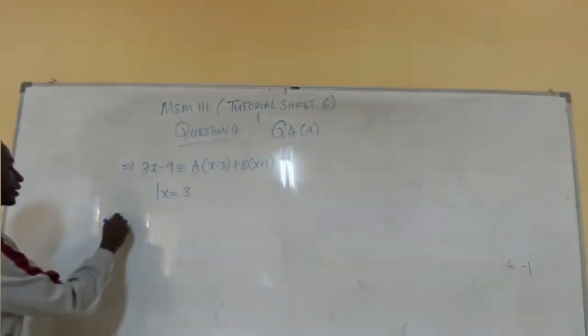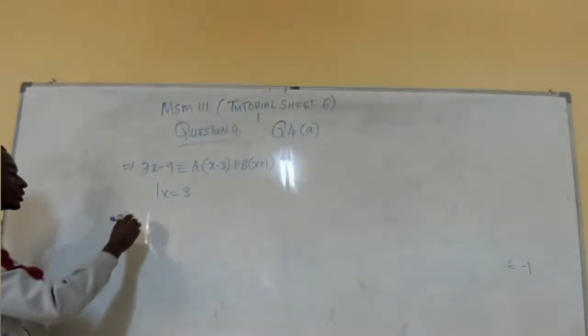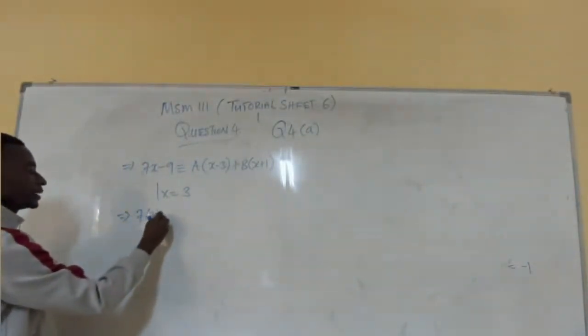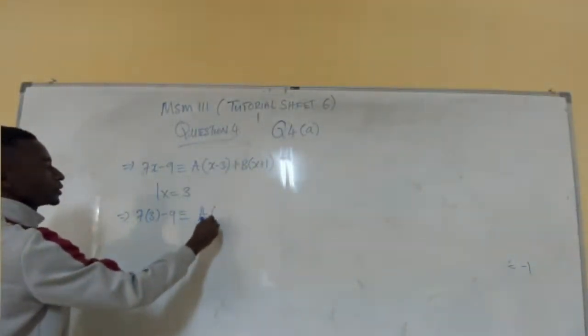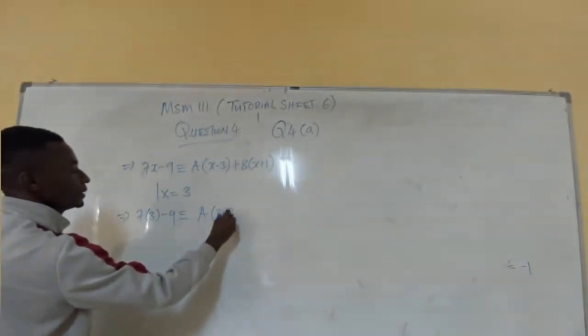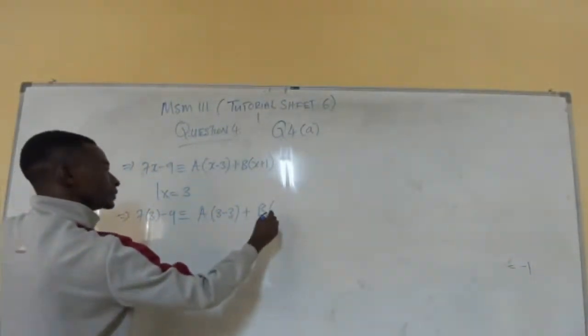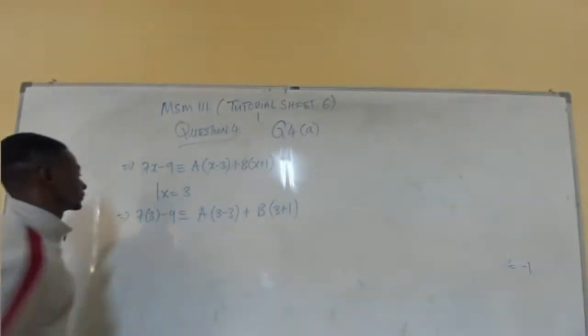So now from there, you substitute now. We are saying x equal to 3. So where there is x in your equation, you substitute with what? 3. You say 7 multiplied by 3 minus 9 equivalent to, so you say 3 minus 3 plus b, then you say 3 plus 1.